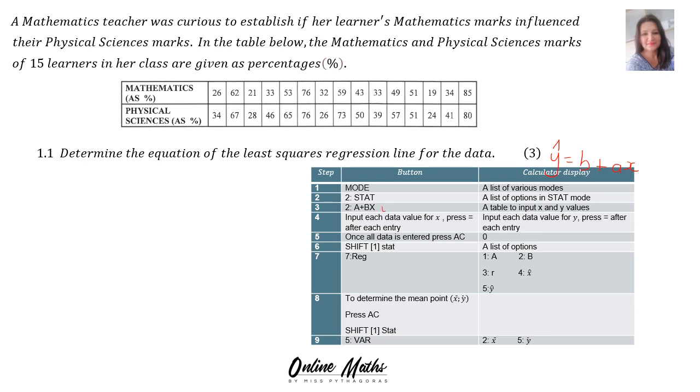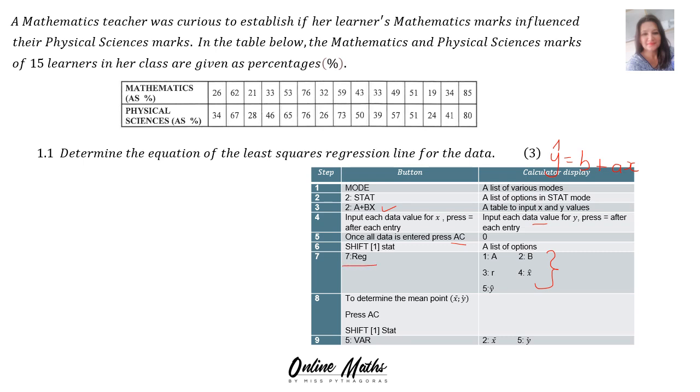Then you input each data value for X and you press equals after each entry. And then you input data values for Y, press equals after each entry. Then you press AC, shift 1 stat, and then you find a list of options. And the one we are looking for now is number 7, regression.